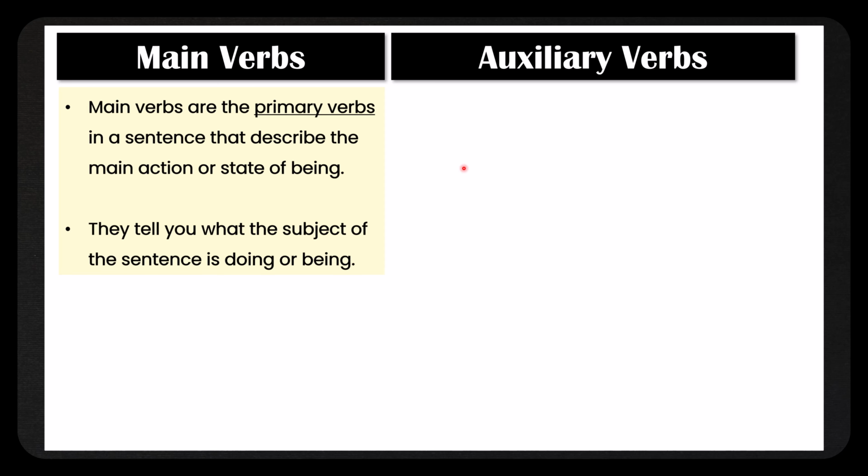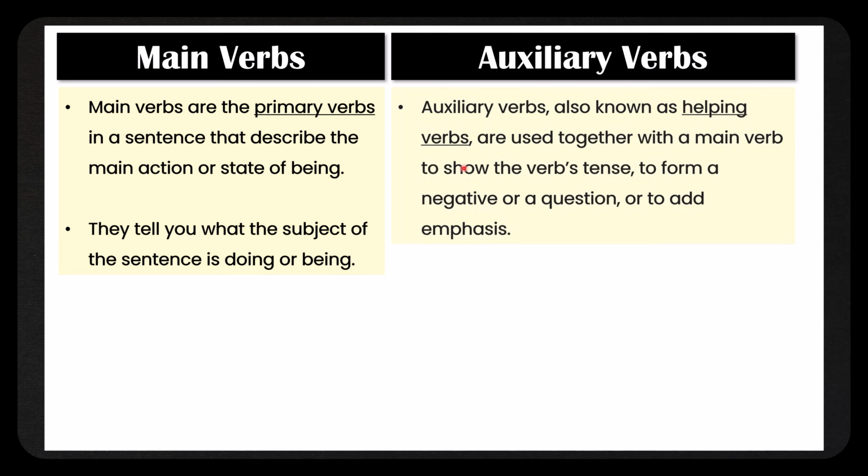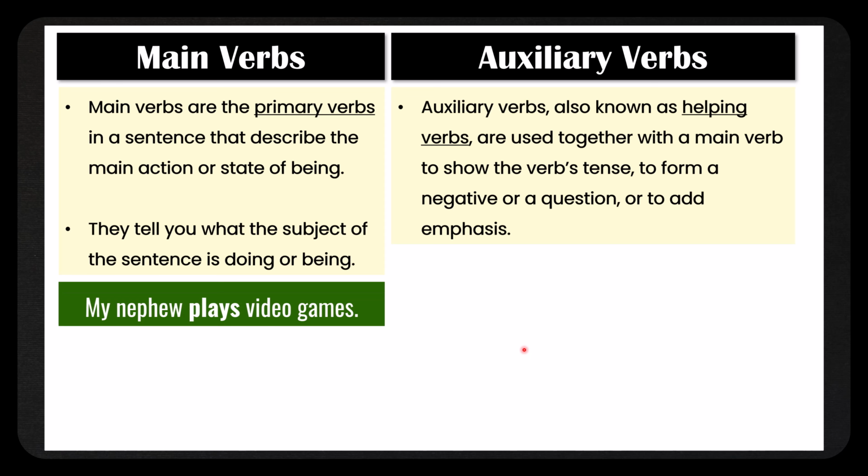They tell you what the subject of the sentence is doing or being or feeling or thinking. And auxiliary verbs are also known as helping verbs, and they are used together with a main verb to show the verb's tense, to form a negative or a question, or to add emphasis.